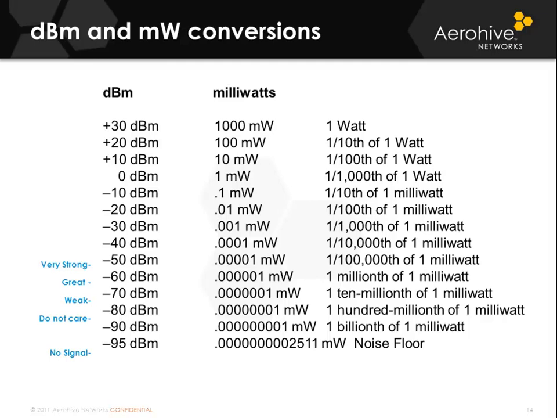When you get down to negative 90, negative 95, you're reaching the noise floor, the area where you have interference from different pieces of equipment such as fluorescent lights, microwaves, at distance, the sun, anything that creates any RF energy at all in that low receive signal strength will more than likely disrupt your connectivity to the access point. Anything weaker than negative 95 is considered to be an unusable signal strength whatsoever.